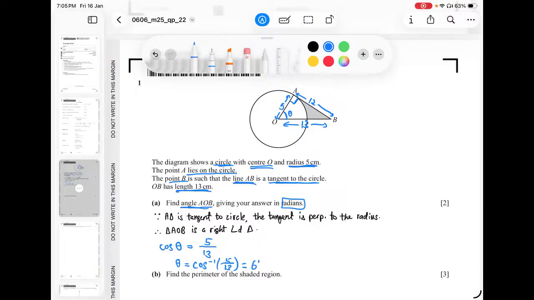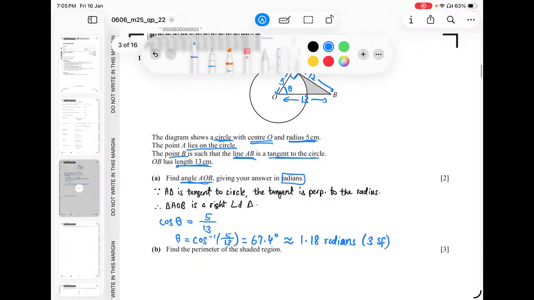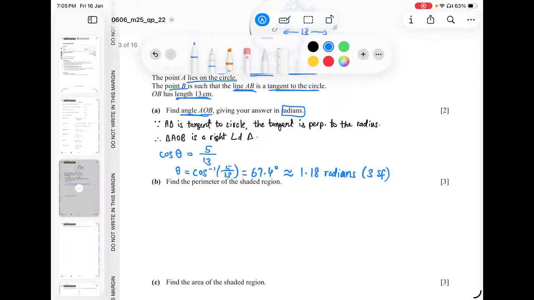This should give you about 67.4 degrees. Now when you convert this to radians, you just multiply by pi over 180, which will give you 1.18 radians to 3 significant figures.